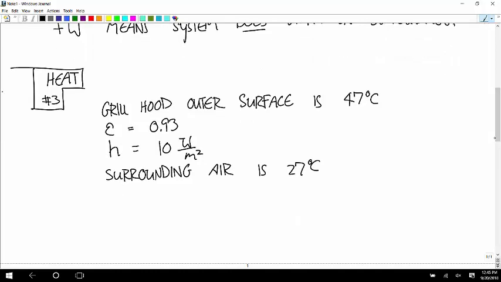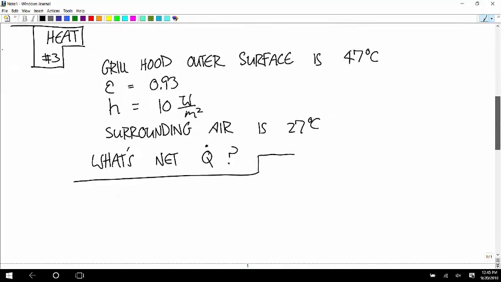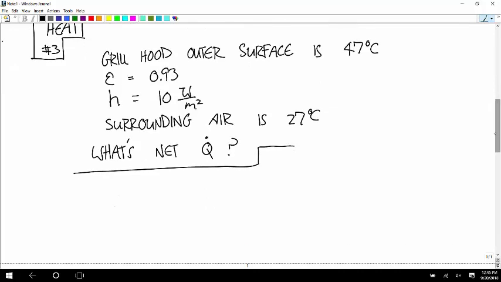And we want to determine the net rate of heat transfer. So we want to calculate the net Q dot. So heat transfer is happening through radiation and convection, and we just have to do those separately and then combine them. So let's do the convection first.